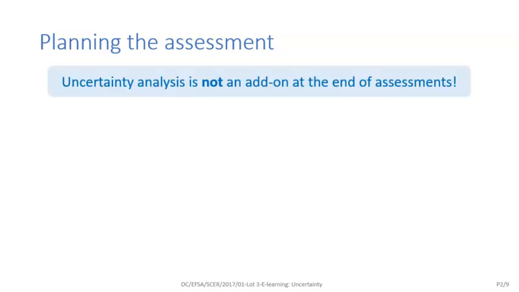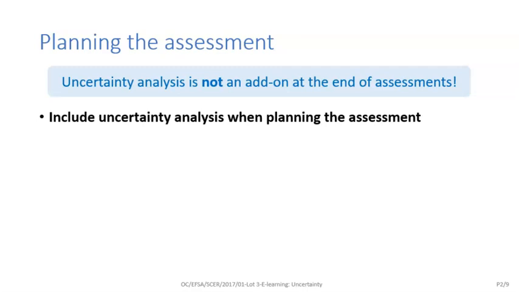The next step in a basic uncertainty analysis is planning the assessment. It's important to emphasize that uncertainty analysis is not an add-on at the end of the assessment. It should start from the beginning when you're planning the assessment.